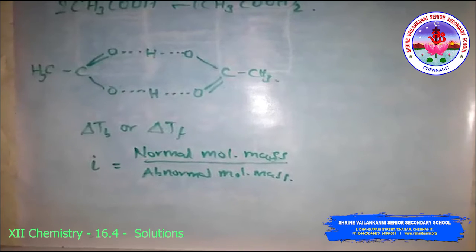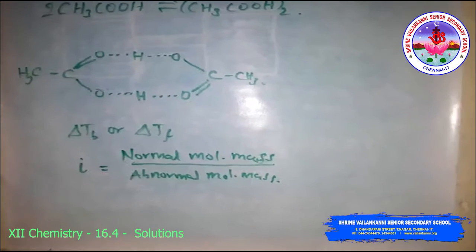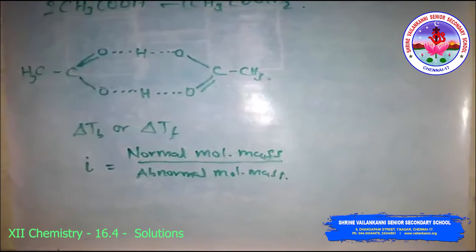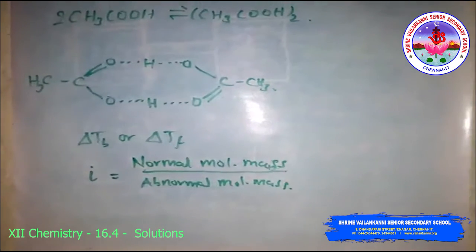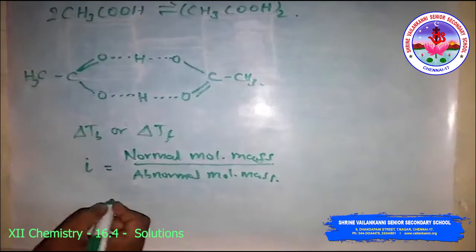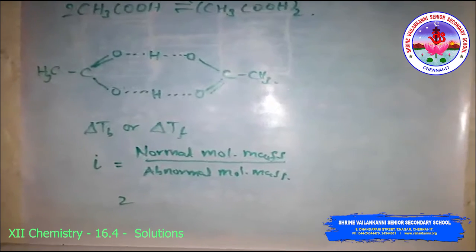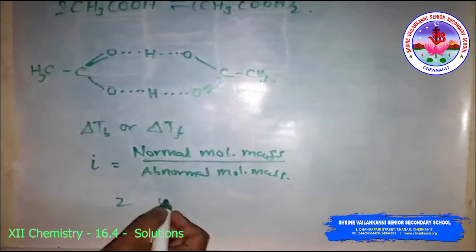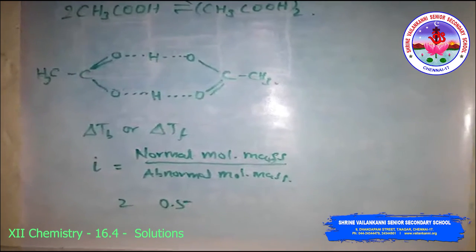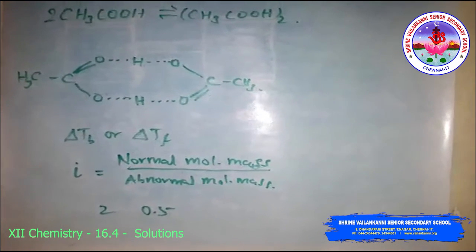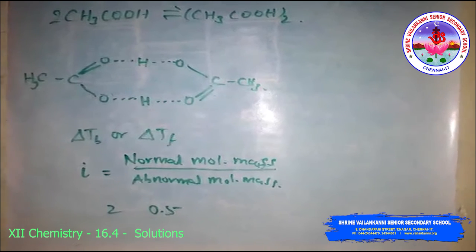So in the case of association, the value of i is less than unity, while for dissociation it is greater than unity. For example, the value of i for an aqueous KCl solution is close to 2, while the value for ethanoic acid in benzene is nearly 0.5. Inclusion of the Van 't Hoff factor modifies the equations for the colligative properties.